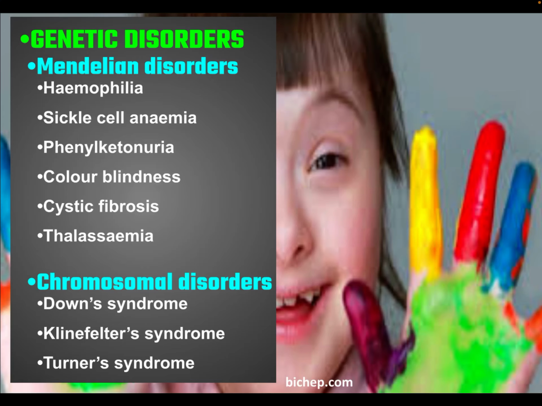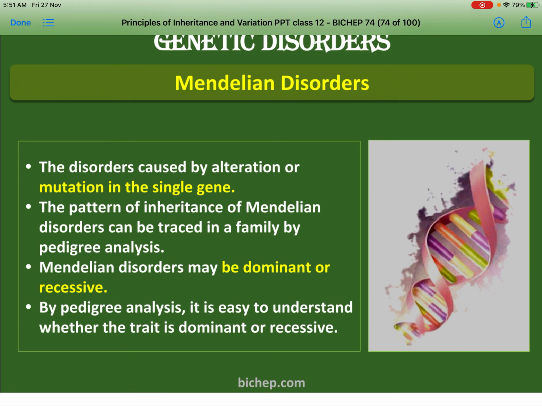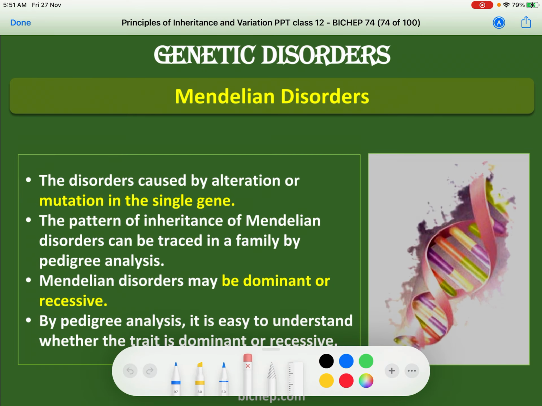Hello friends, let us discuss today about genetic disorders, and specifically Mendelian disorders. Now, why are they termed Mendelian disorders? Because the mutation or alteration is happening within a single gene.